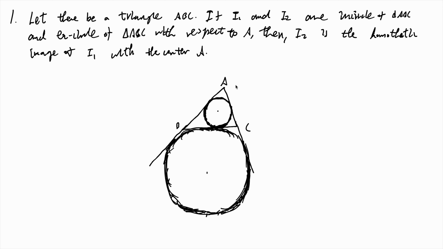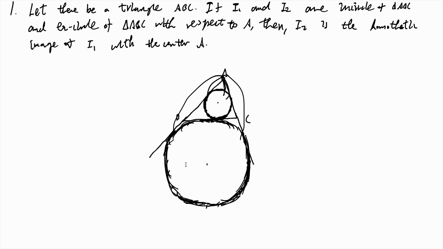What I mean by that is the ratio from here to here is the same as here to here, if they're all collinear. I'll just draw a line to demonstrate more on what I want to say.